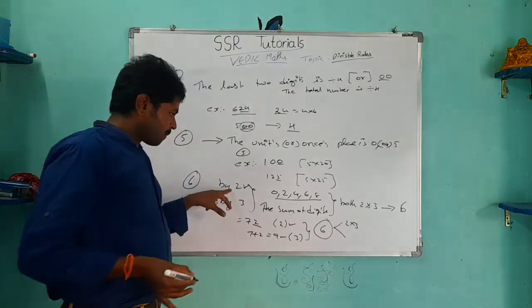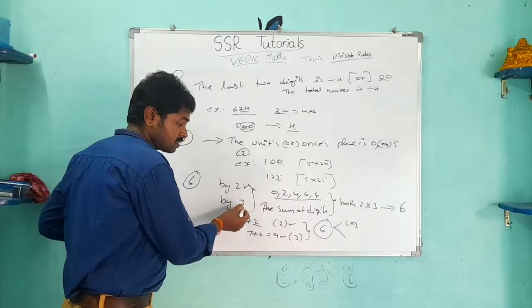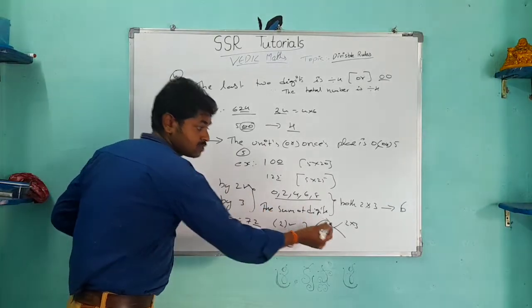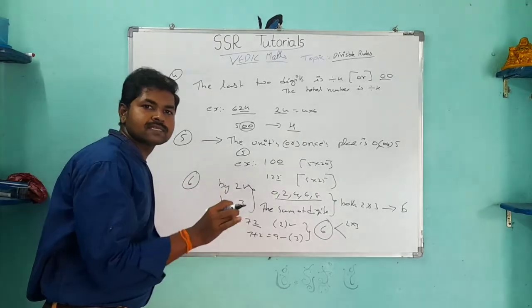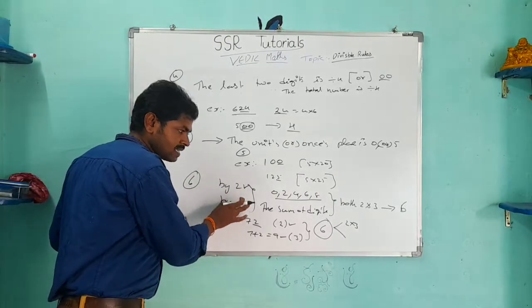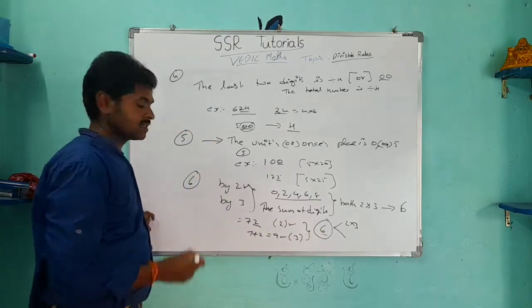Because what is 6? 2 into 3. If it is not divisible by 2, then even if divisible by 3, it is not divisible by 6. If both divide it, it is divisible by 6.